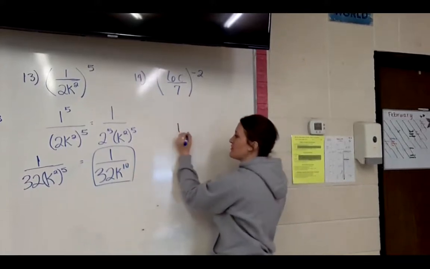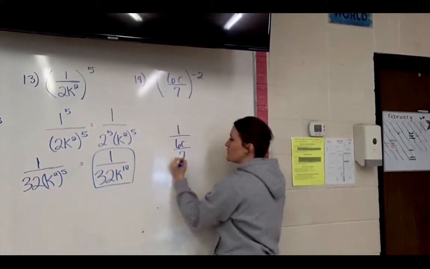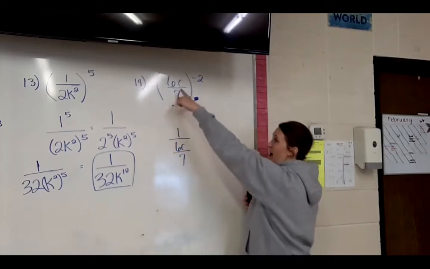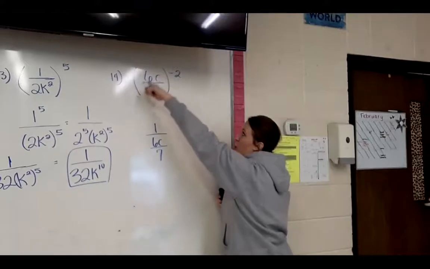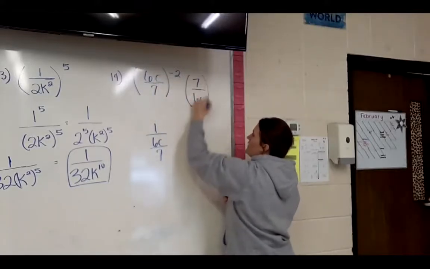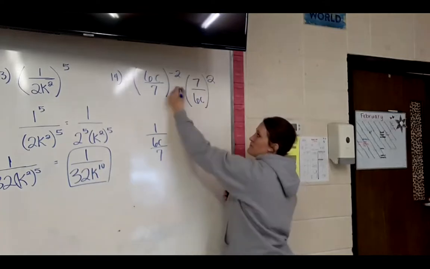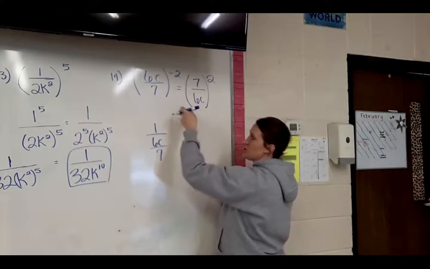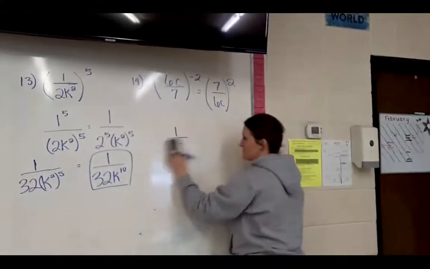But remember, anytime you have a fraction over a fraction, it just flips it. So anytime we have the whole thing raised to a negative exponent, I can just flip it, and now it's positive.